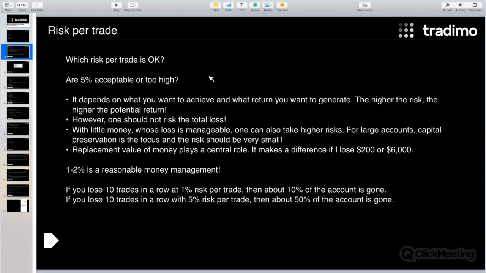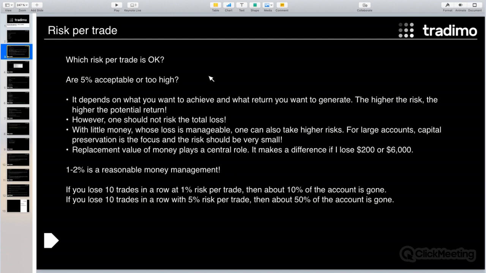So for this reason, we want to clarify the question: are 5% acceptable or too high? And this depends on what you want to achieve and what return you want to generate. As I said before, the higher the risk, the higher the potential return. This is true, but you have to consider how much risk you want to take and not lose all your money and destroy your bank account.